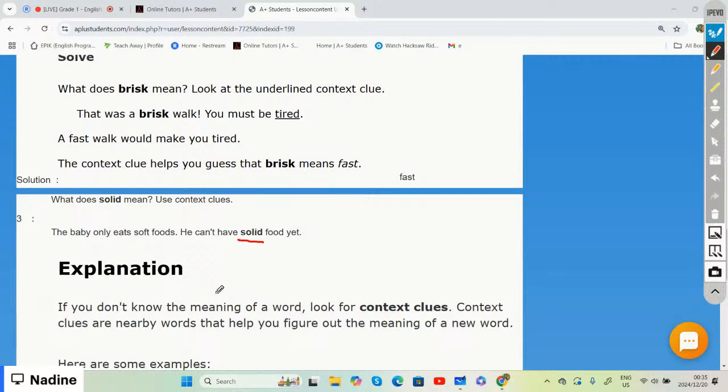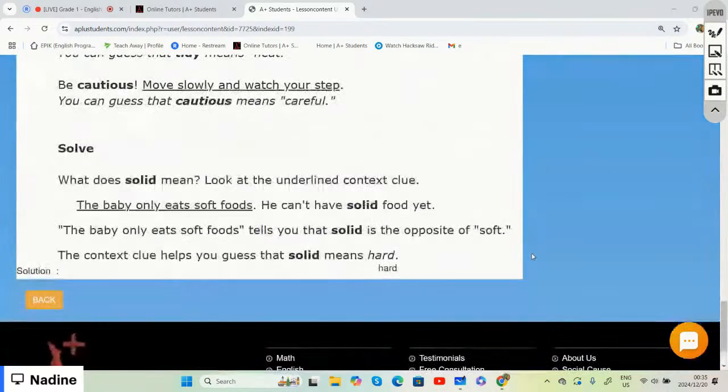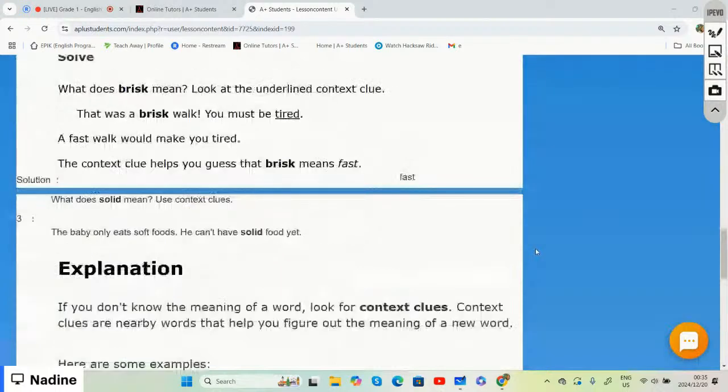And if they say babies must only eat soft foods, not your solid foods, and your soft foods are like your mash and those types of things. Even if you make any form of veggies, all of the veggies need to be mashed and made soft. Your solid foods are anything that is hard, because remember babies cannot chew food properly, which means they are going to swallow it.